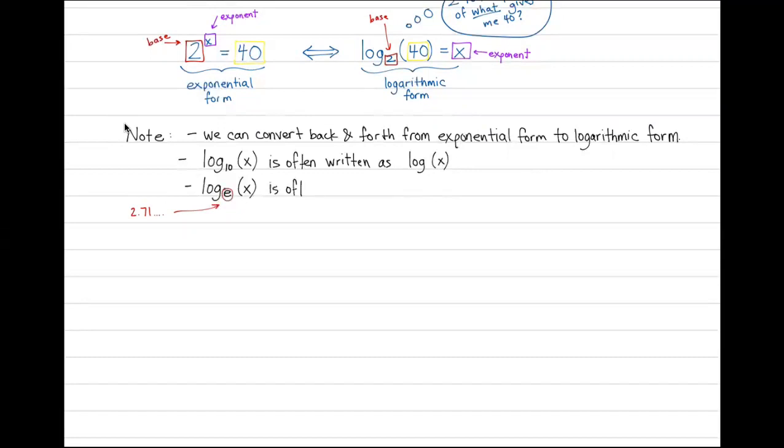It's usually written as ln of x, which some people would call the natural log. Or some people will say ln x, your choice.